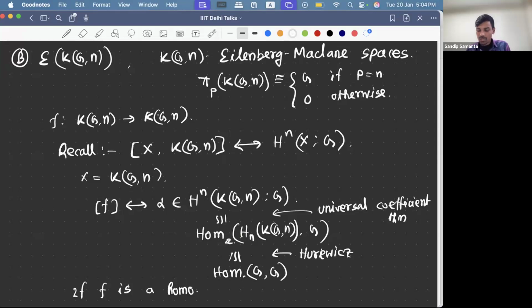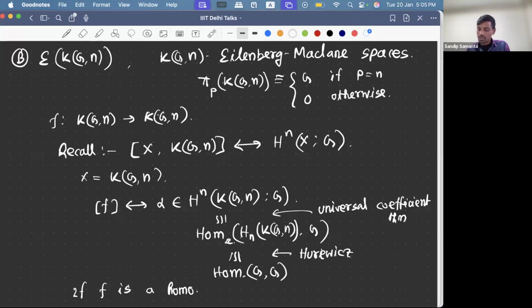Then for this f, there is also an inverse of it, g, right? So this correspondence being a homomorphism says that on the right hand side the homomorphism is also invertible.